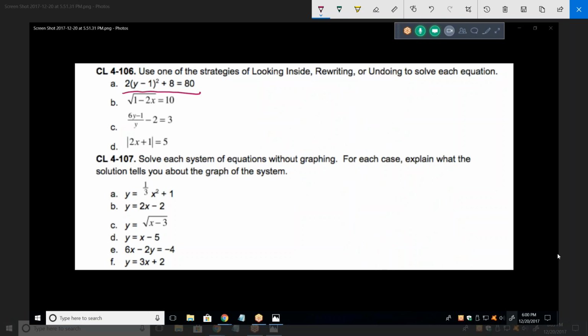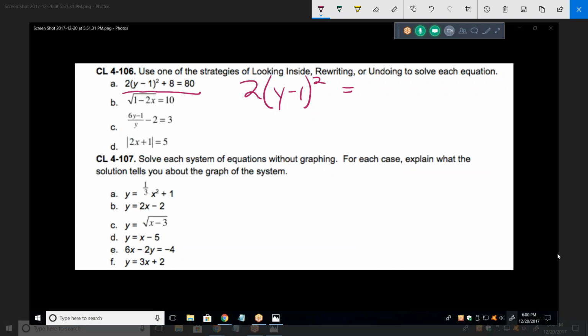If I was going to rewrite that, what would be my first step? I don't care what they call it. My first step is always to get rid of that 8.